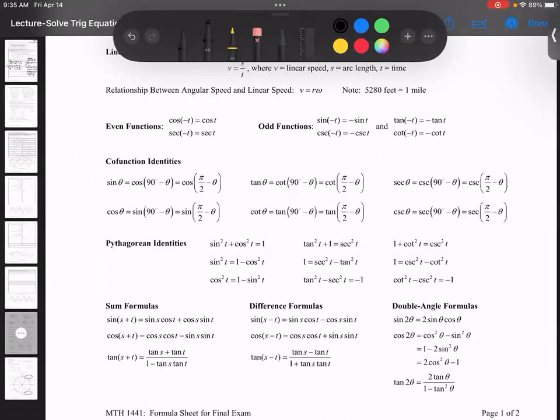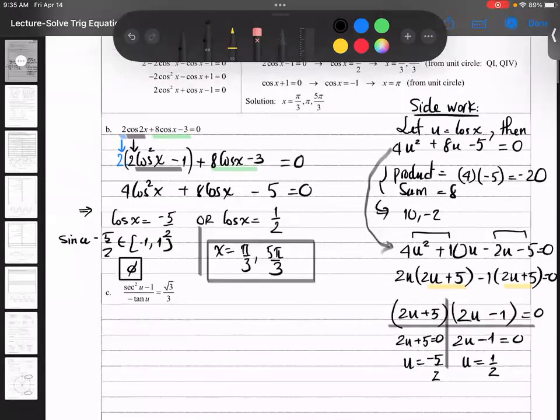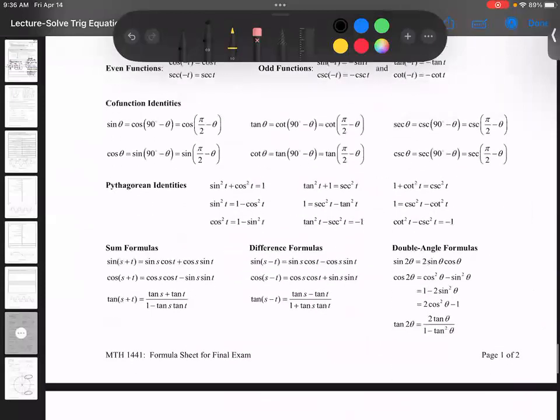Any Pythagorean identities you want to use? Yeah, secant, right? Because if you look at the problem, you have something secant over tangent. Secant squared over tangent. Maybe I want to change that into tangent u. So I look at my Pythagorean identity, I see this.